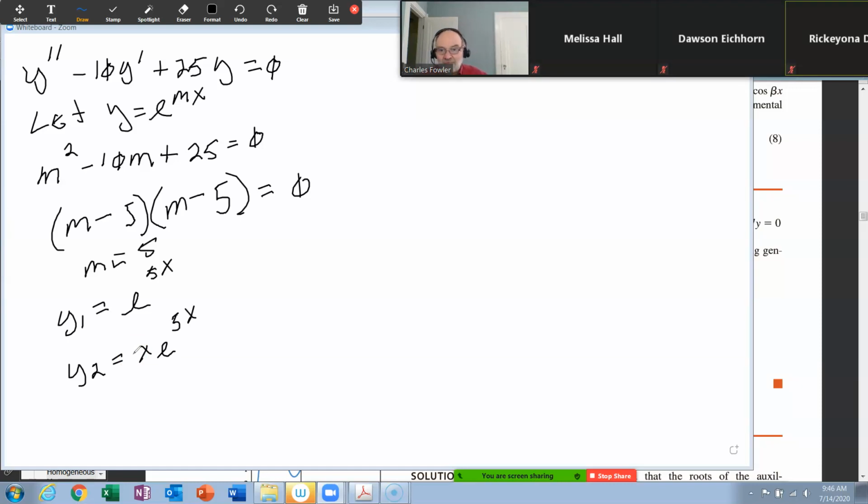So now your general solution is simply y is equal to c1, some arbitrary coefficient, e to the 5x, plus c2 times x e to the 5x. There it is.